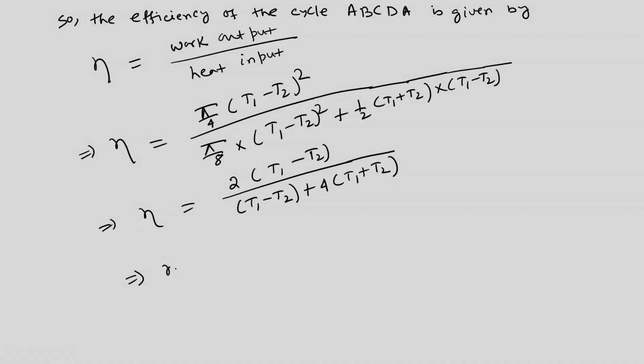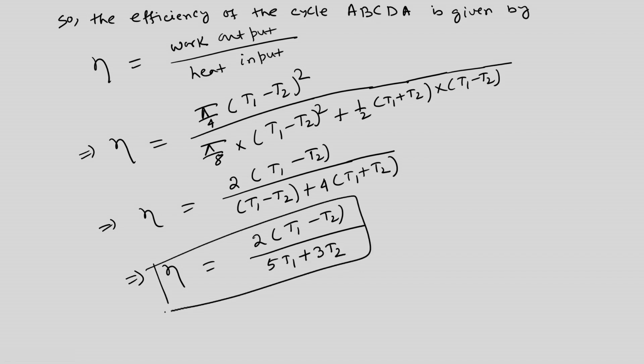So, we get eta is 2 times (T1 minus T2) by (5 T1 plus 3 T2). So, this is the efficiency, which is equal to 2 times (T1 minus T2) by (5 T1 plus 3 T2).